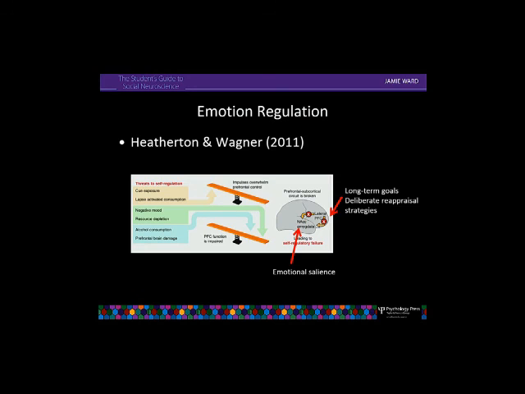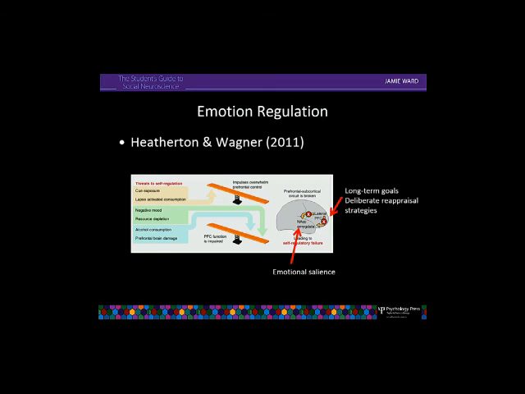But anyway, one idea is a very simple seesaw idea, balancing, in effect, what your long-term goals are and your deliberate reappraisal of strategies. The other part of your frontal lobes is your lateral frontal lobes, seen as the more rational side. It has more sensory, verbal inputs, and so it's involved in working memory and these kinds of things.